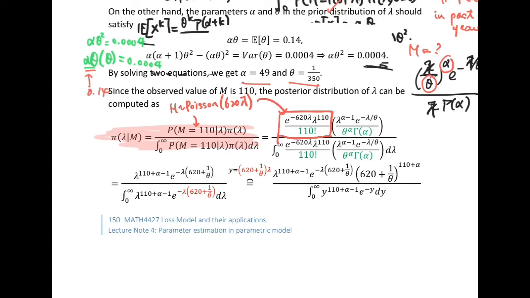On the other hand, the prior distribution follows the gamma distribution with parameters alpha and theta. Then this will be this portion. For the denominator, that will be just this probability multiplied by the prior distribution, and then you integrate from 0 to infinity.